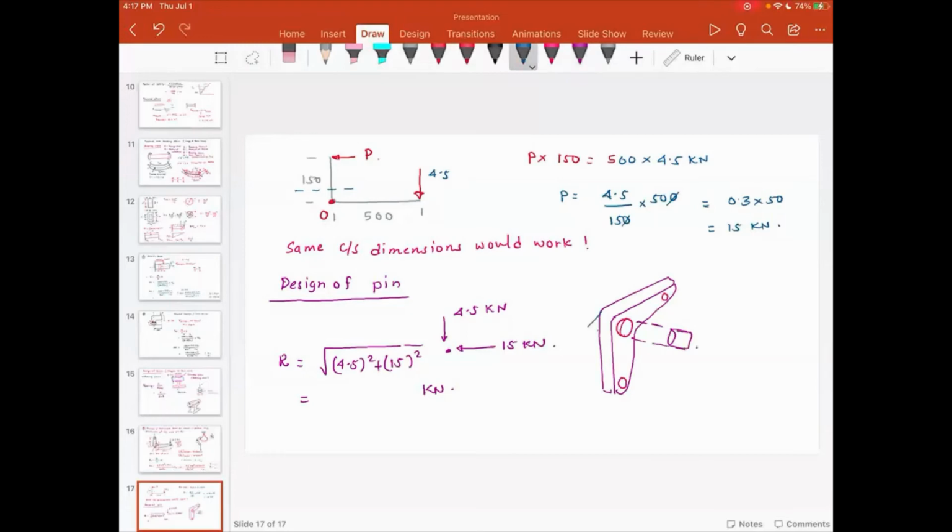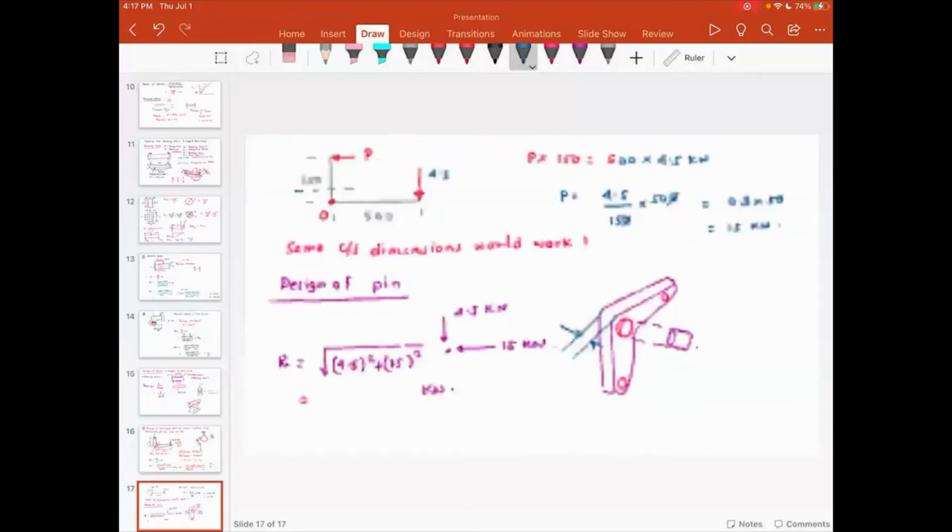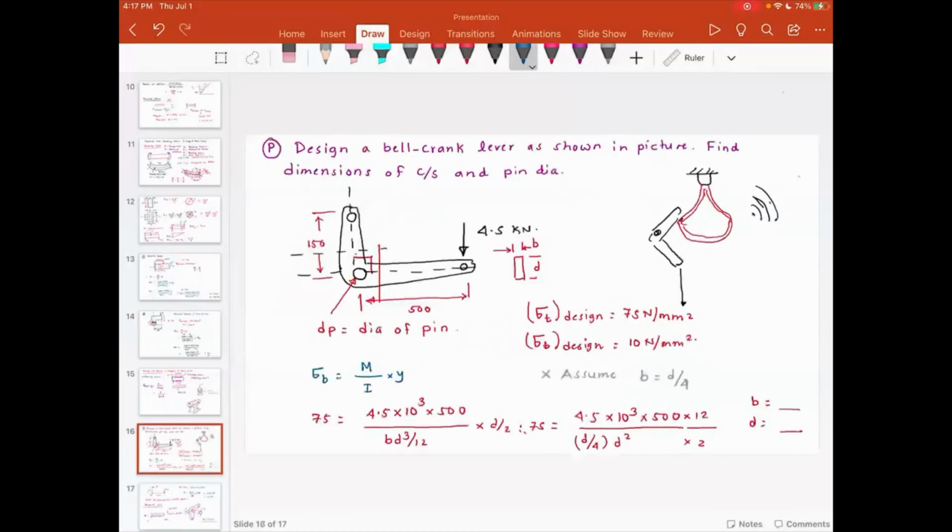If you look at this thickness, it is nothing but the value of B. This dimension is B, and this is the diameter D. Please note B is known. I did not calculate the actual value of B, but from the last step, we should be able to find out the value of B.